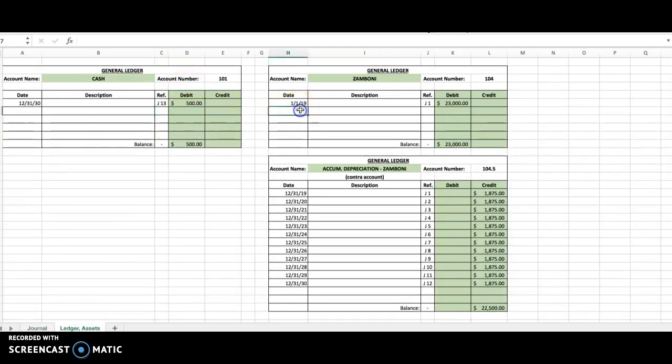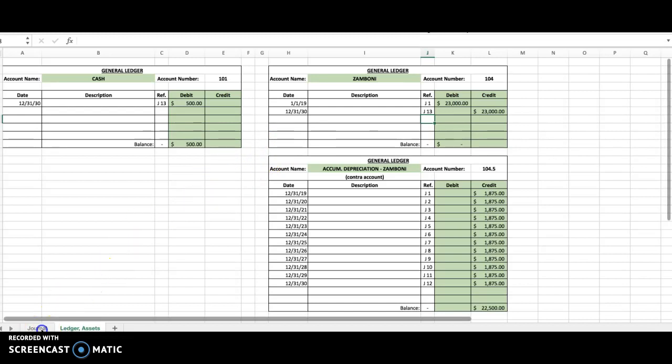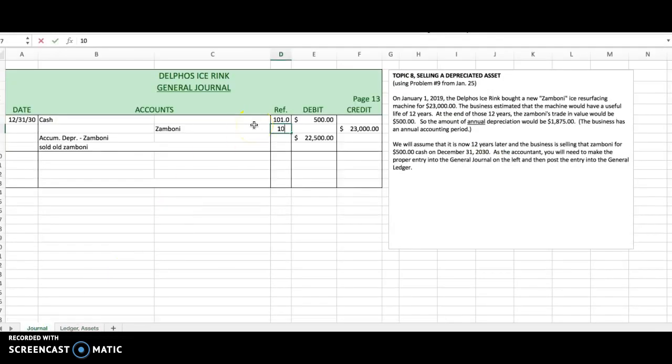So the date is the date of the sale. And the credit of 23,000 means that the balance is now 0. So we've closed out that account. And 104 is the account number, and that goes in to the journal. And then finally, the same thing happens with the third line here.